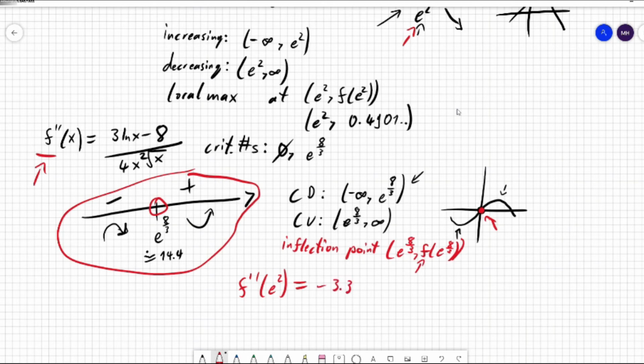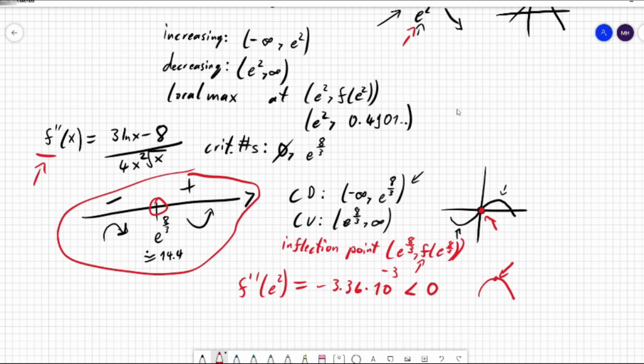It's negative 3.36 times 10 to the power of negative 3, which is smaller than 0, which basically means it's going like this, which tells us that it's a max.